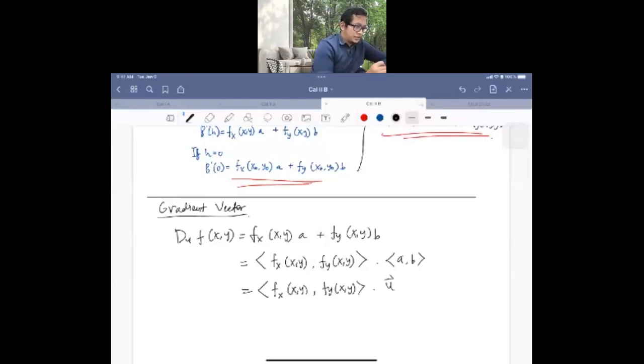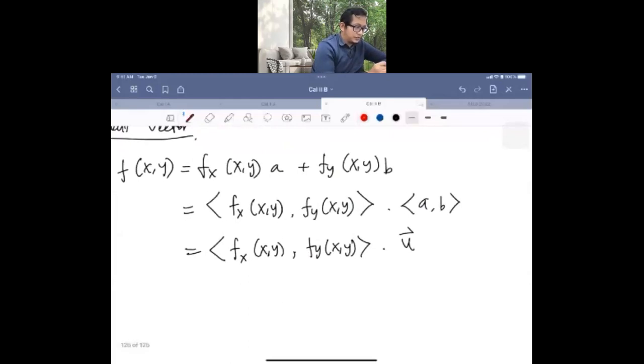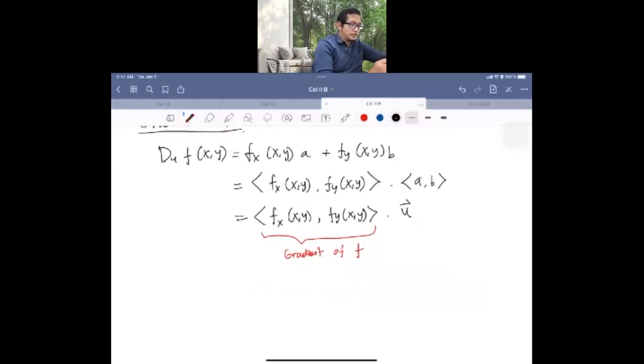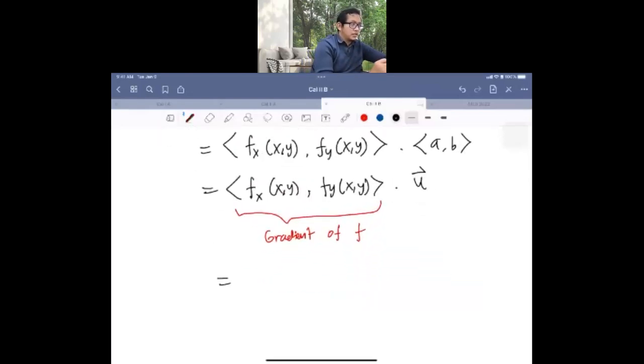Now, this vector is what we call the gradient vector of function f. Sometimes we write it in a special notation, a triangle upside down.